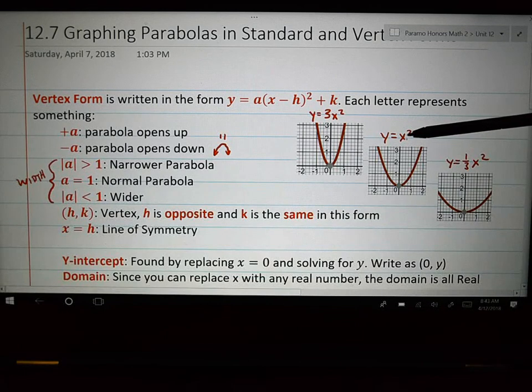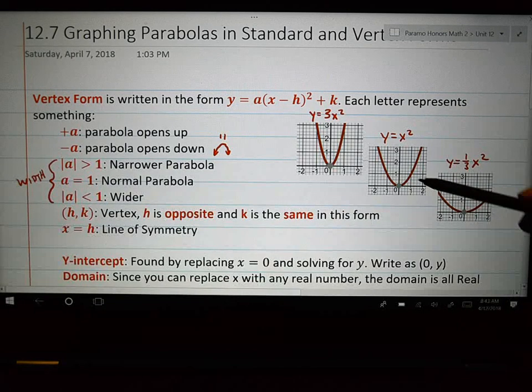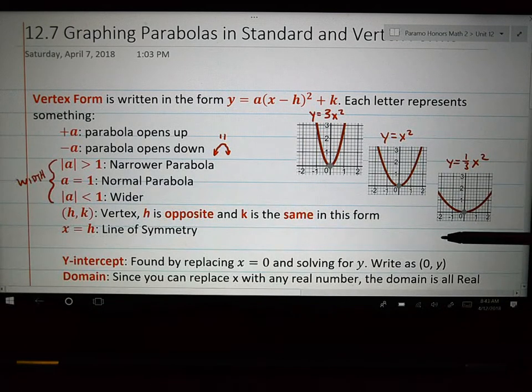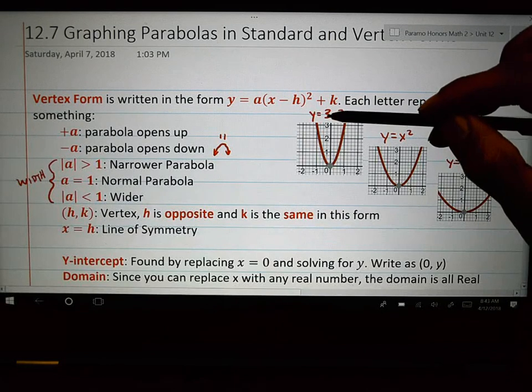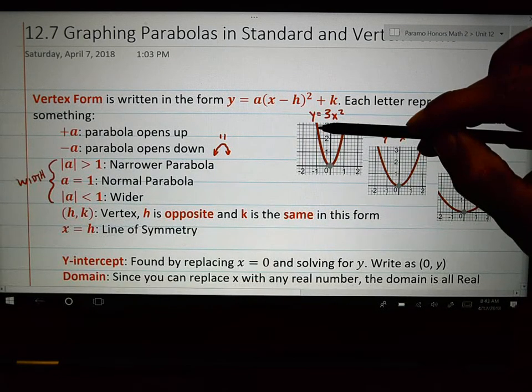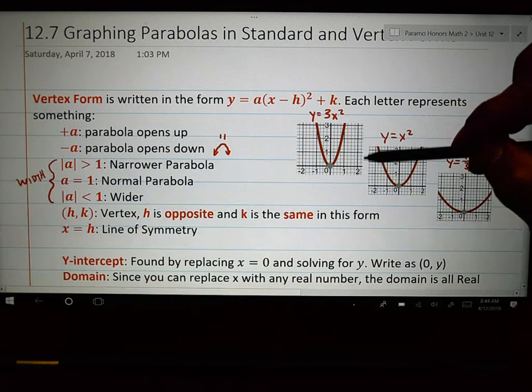X squared has an A value of 1. It basically goes through 1, 1. But don't think that it's linear, because it doesn't go through 2, 2. It goes through 2 squared is 4. It's going to go through 2, 4, and negative 2, positive 4. This goes through 1, 3, and negative 1, 3. But it doesn't go through 2, 6.